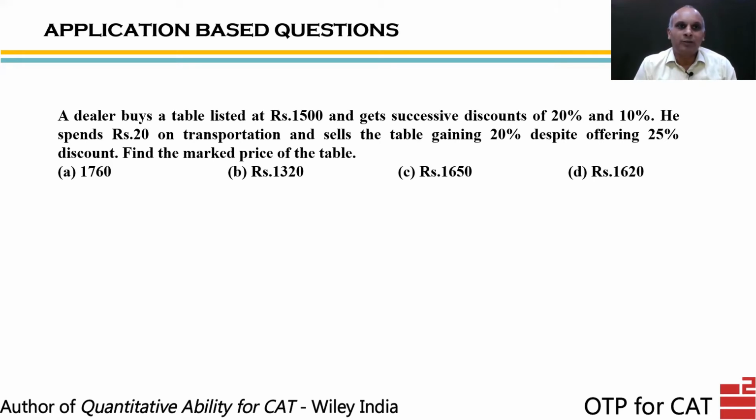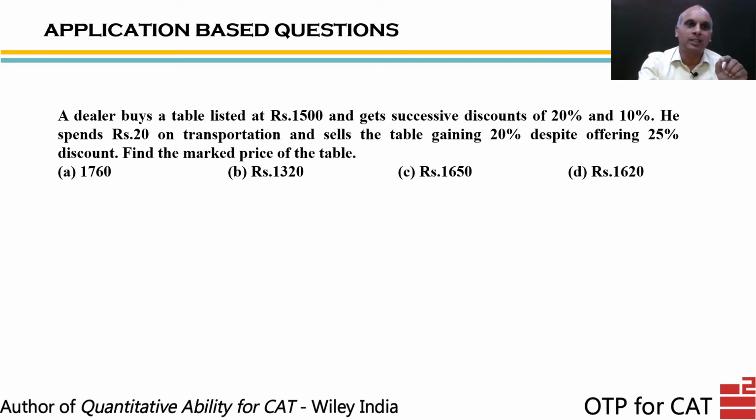He also spends rupees 20 on transportation, so that adds to his cost. And he sells the table gaining 20% despite offering 25% discount. So there's a lot of data given to us, and we are supposed to find the marked price of the table. All right, so the dealer buys the table listed at rupees 1500.